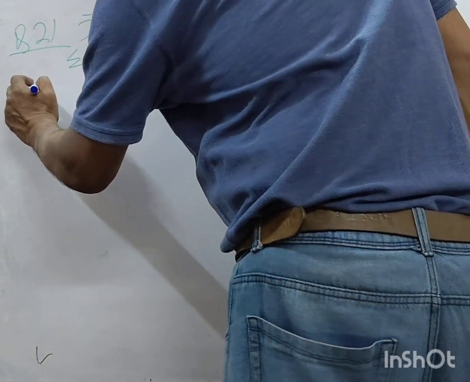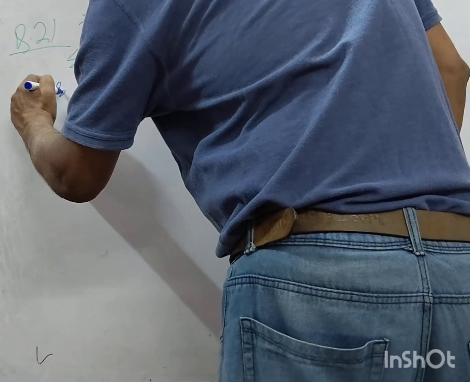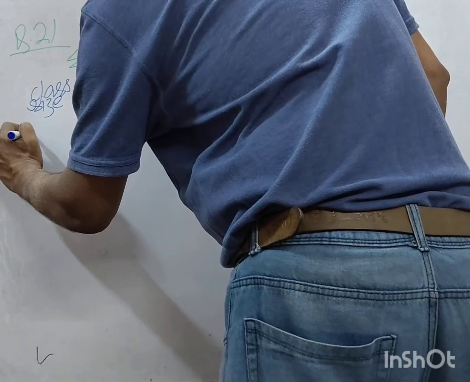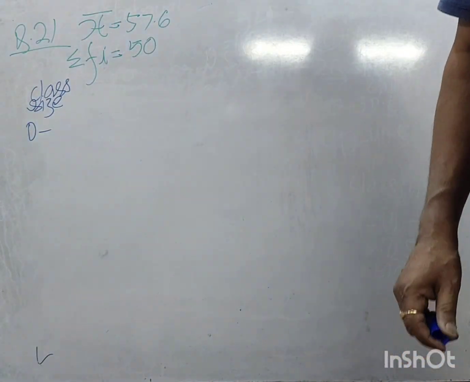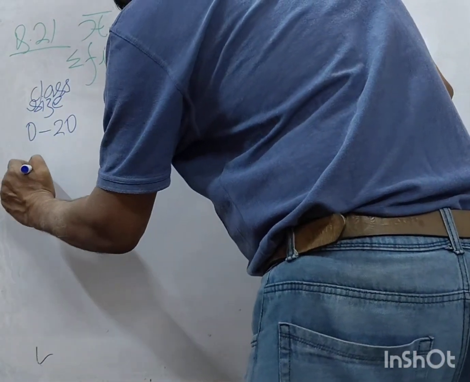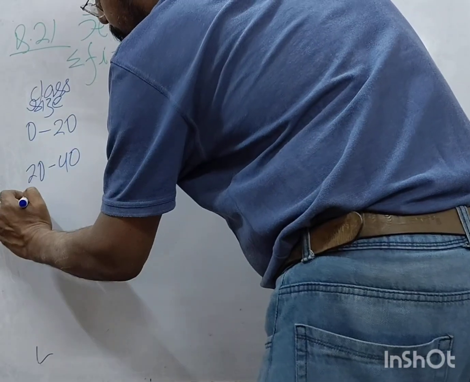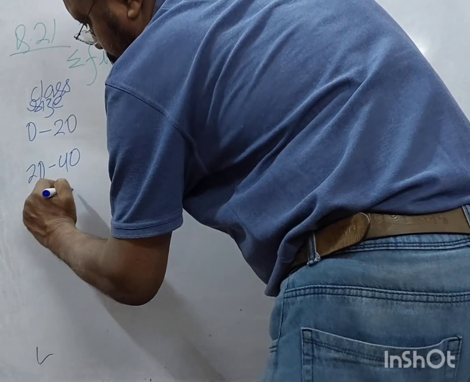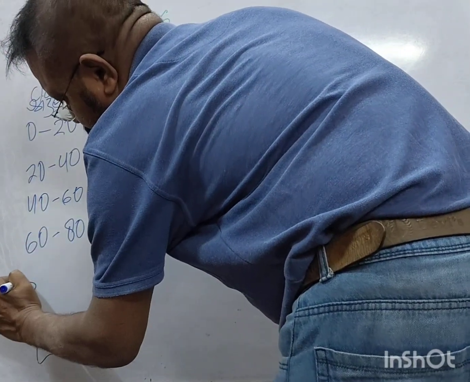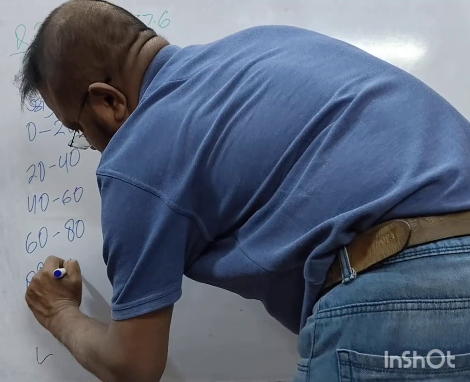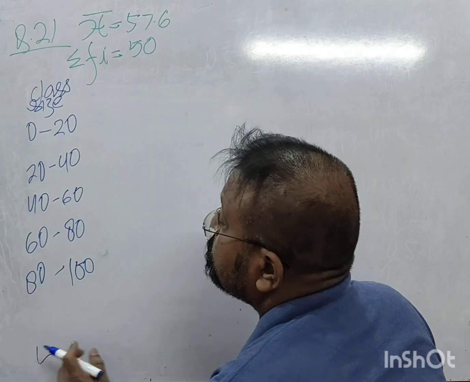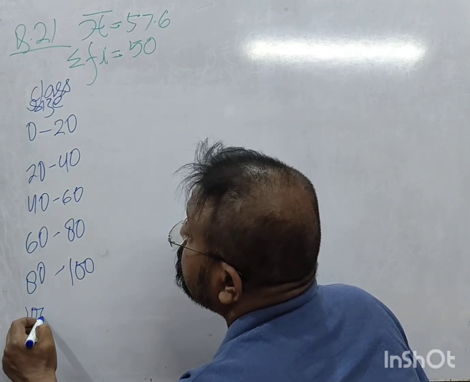The classes are 0 to 20, 20 to 40, 40 to 60, 60 to 80, 80 to 100, then 100 to 120.